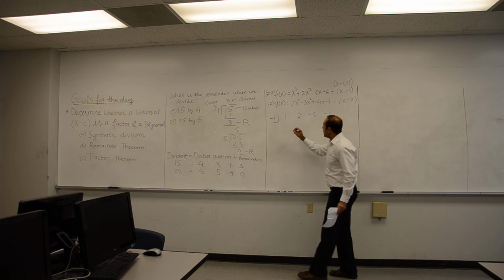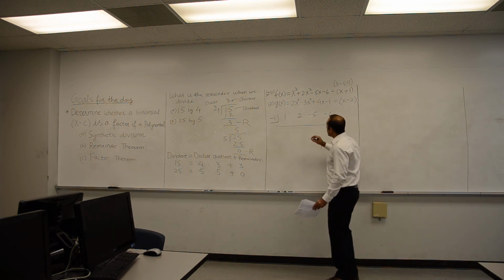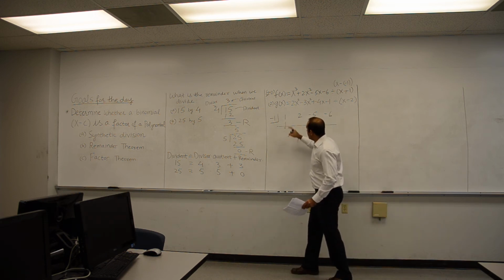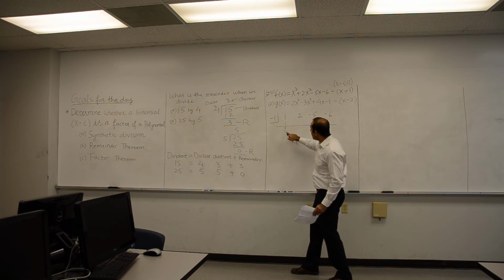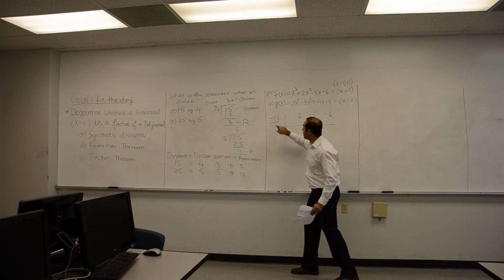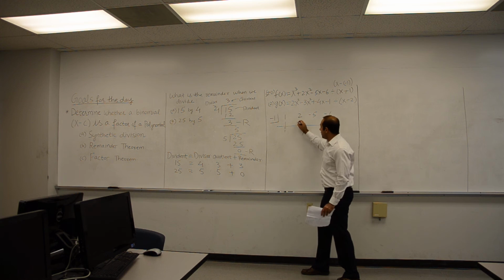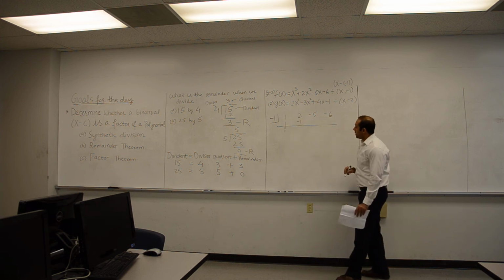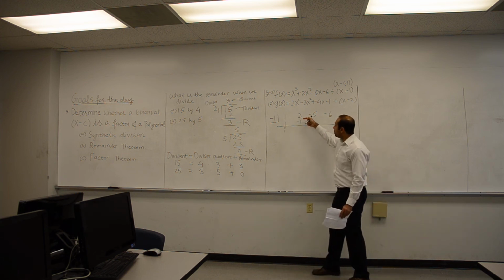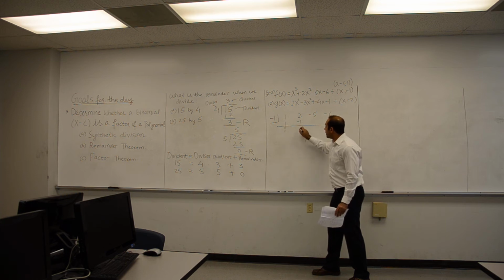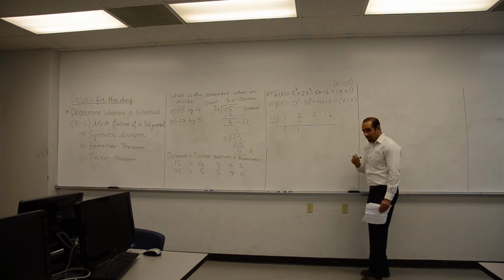To use synthetic division, we bring this 1 down, then multiply 1 and negative 1, which gives negative 1. Then we add 2 and negative 1, which gives us 1. You have to be careful here.